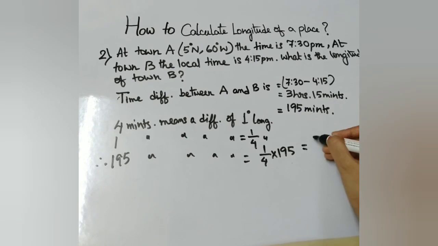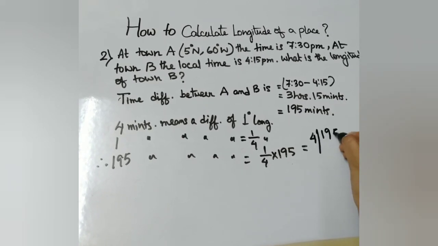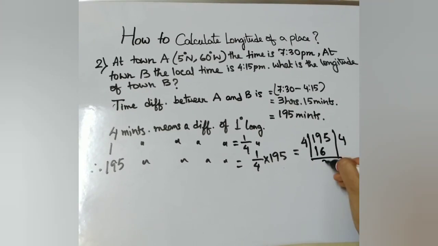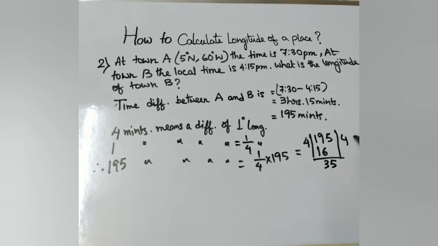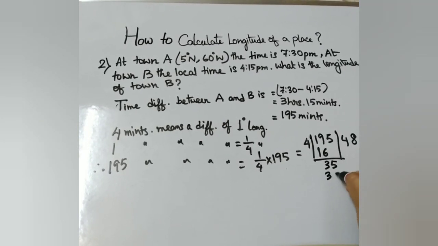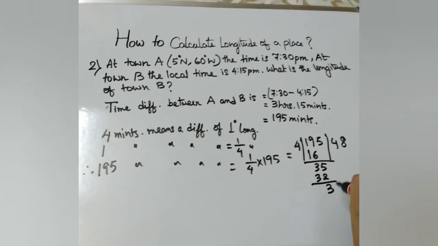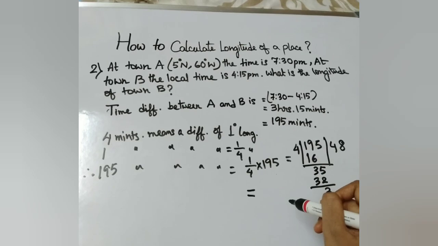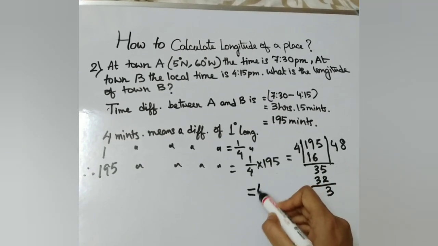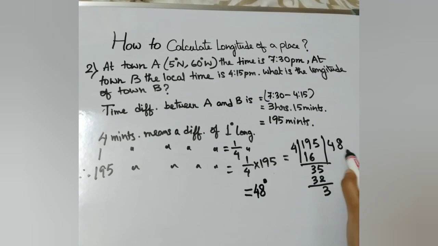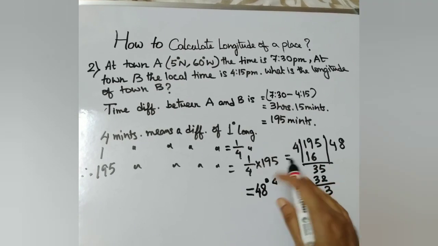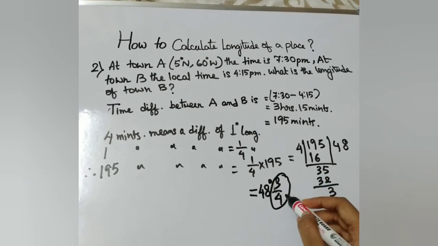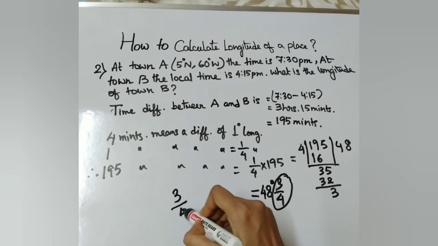So if we divide this, 4 4s are 16, 4 8s are 32. Again we get 3 as a remainder. How to convert this? We know that 48 degree quotient is the degree, and 3 by 4, again it is a fraction. So we know how to convert this into minutes.